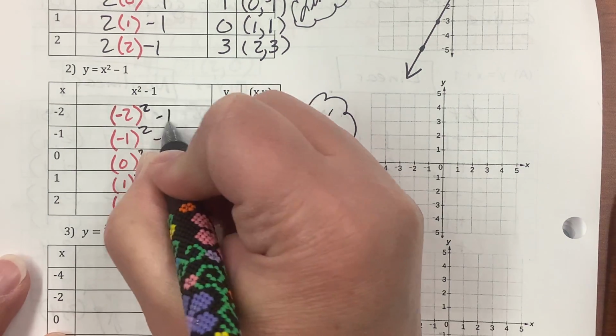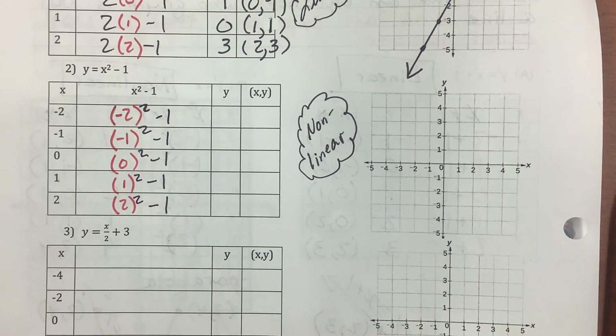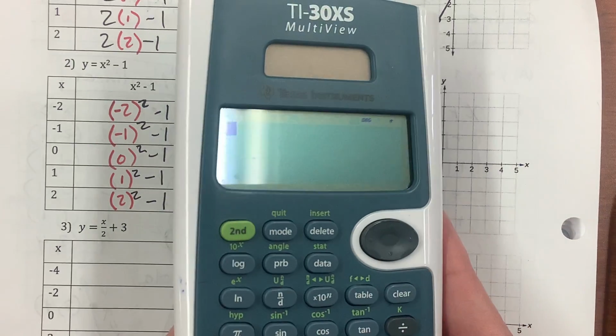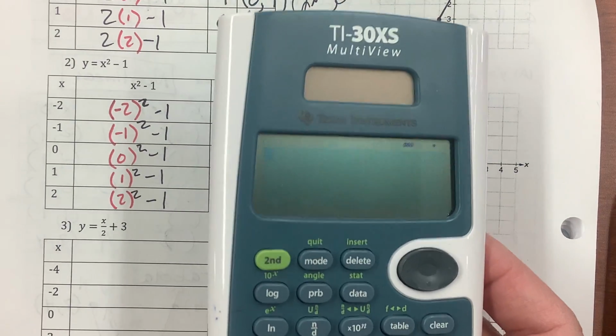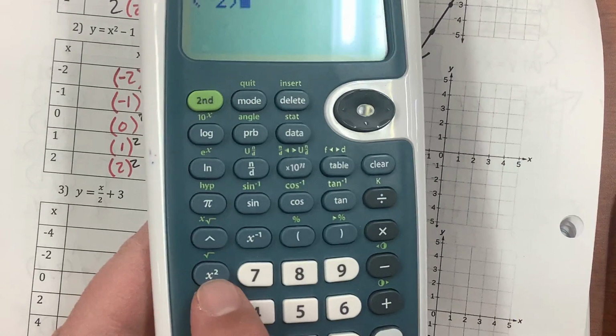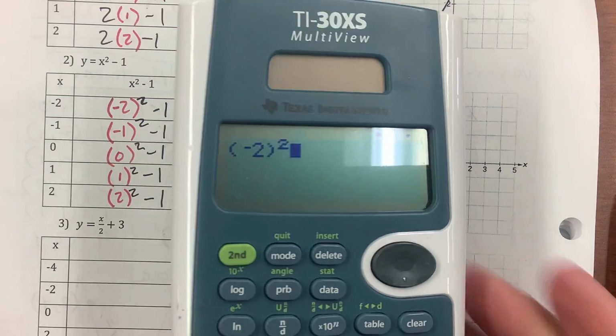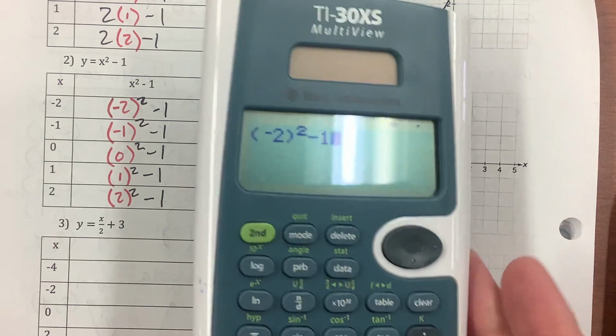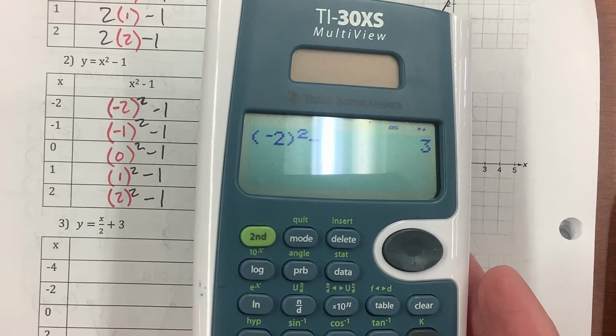Now, I'm going to do this on the calculator because I want you to see what happens when you don't put the parentheses. So let's do the problem with parentheses first. Parentheses, -2, parentheses, and there's actually a square button on here that makes it easier. Minus 1. And look, I get 3.